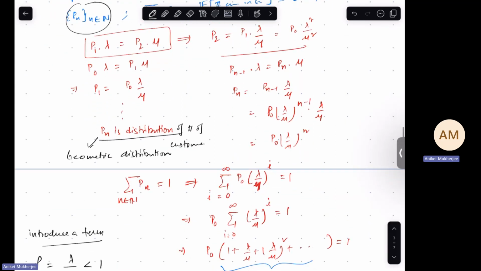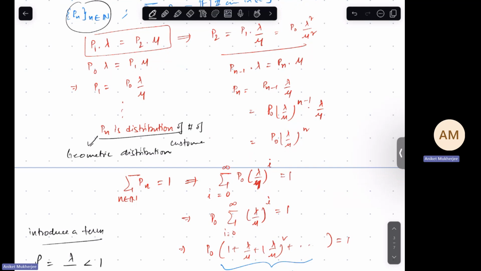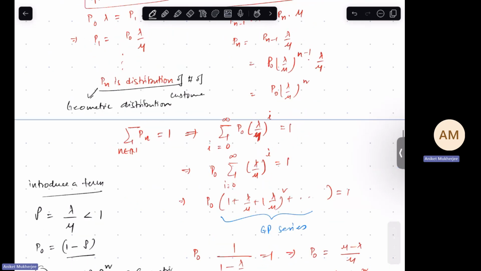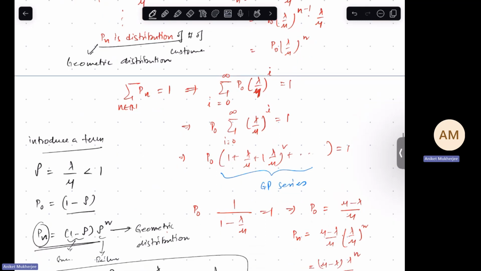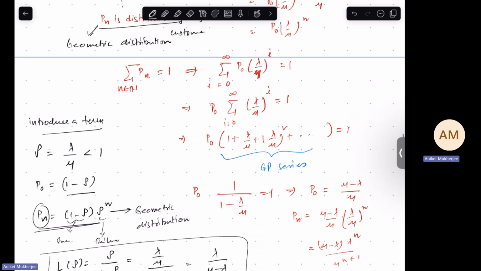So since this is a distribution, you can say that the summation of all the probabilities should sum up to 1. You use that and you see that you get a geometric progression series. You use the infinite series formula for that, and you get the value of P0 to be mu minus lambda by mu.